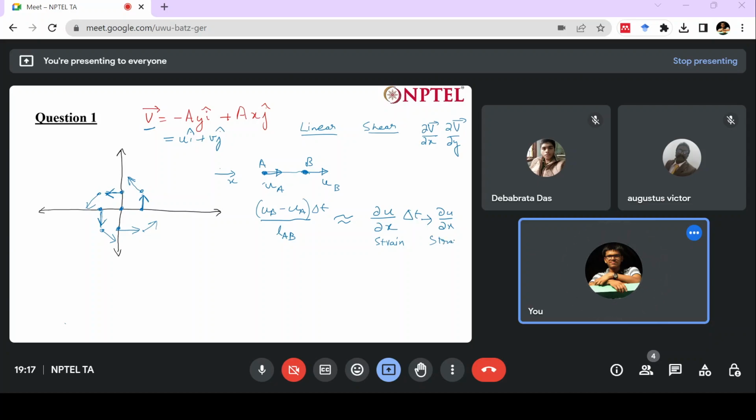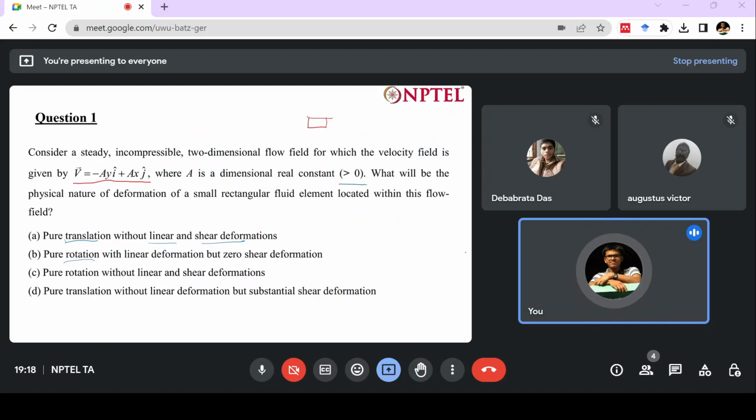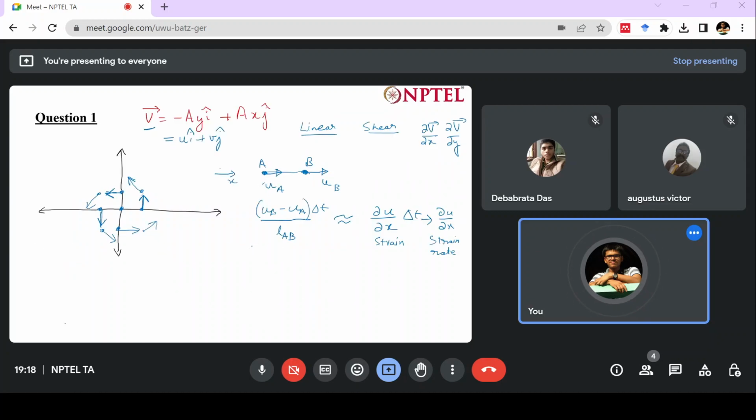So this is my strain rate, and this is what we are interested in right now. When we are talking about linear deformations in a fluid, we are interested in the strain rates. So this is the linear strain rate here, which can be given a notation like exx.